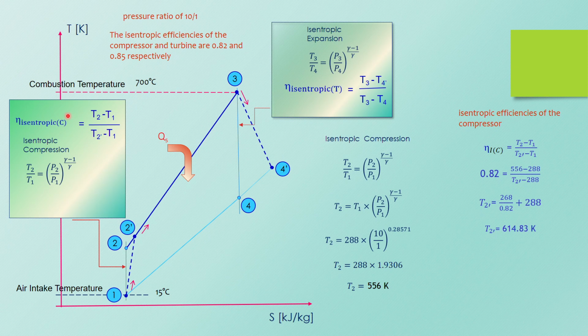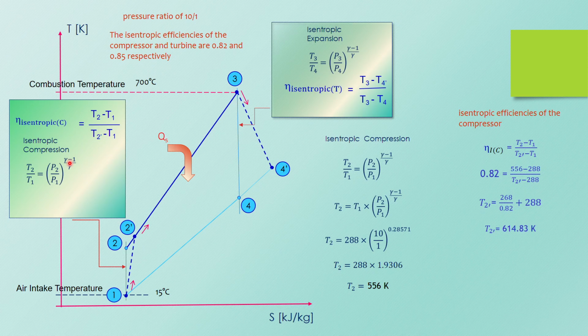Now you see for this section here, I have listed out two different formulas. One is for the isentropic efficiency for the compressor, and this formula refers to the temperature-pressure relationship.